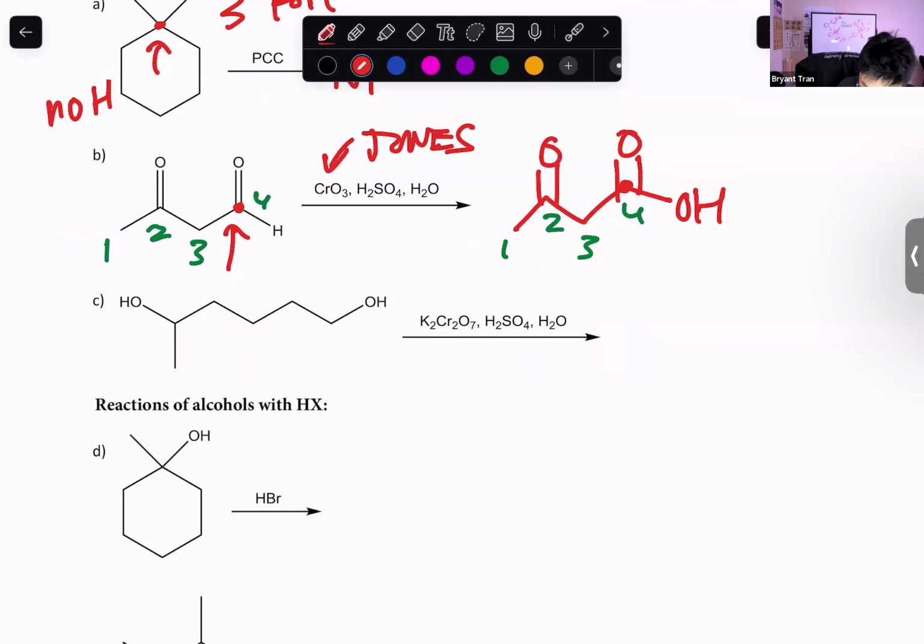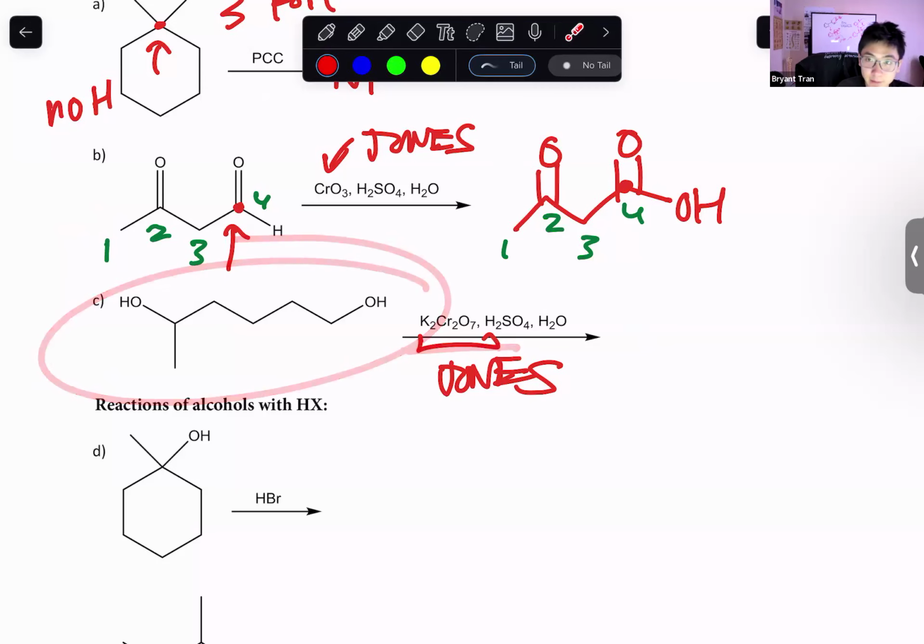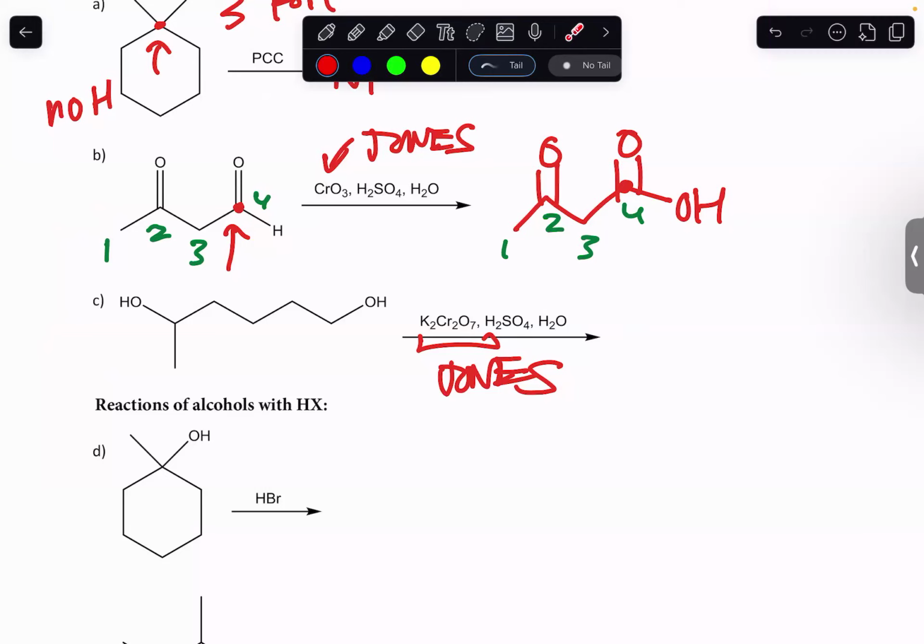So this right here would also be Jones reagent because we have a lot of chromium and oxygens. So with this Jones reagent, what product would you expect from this reactant here? Wait, no, this is 1, 2, 3.